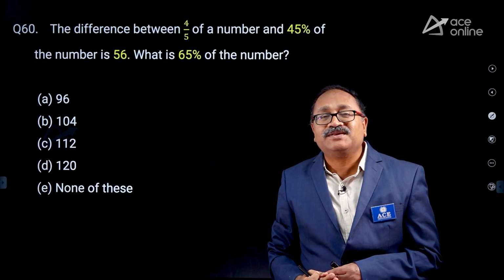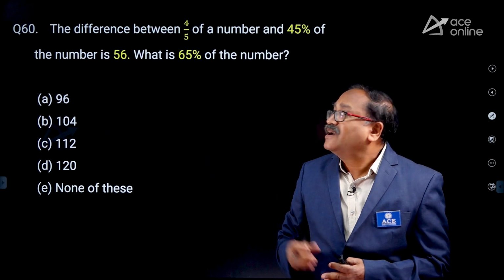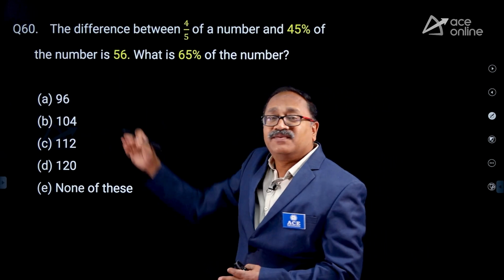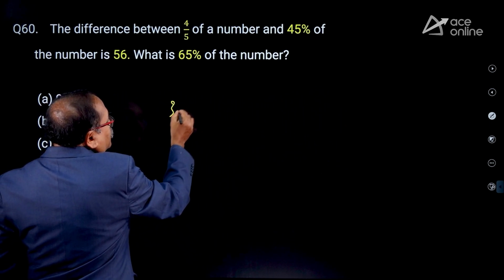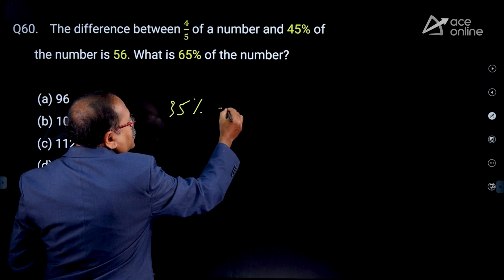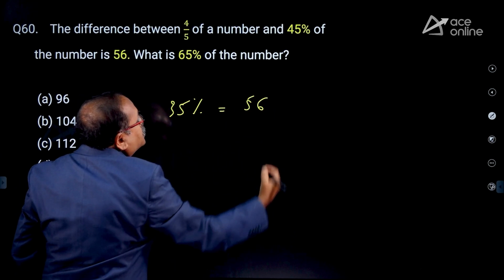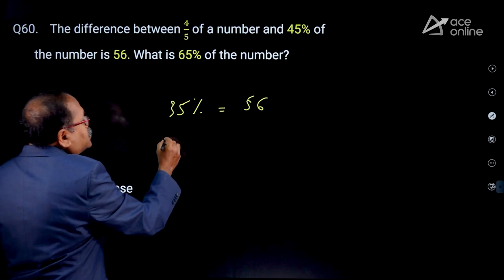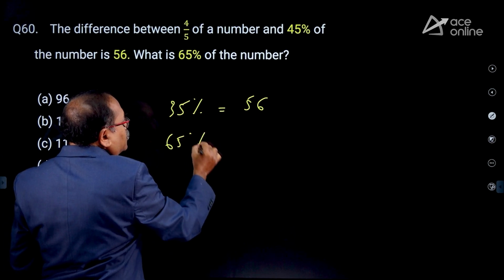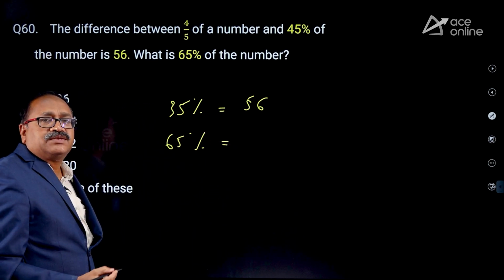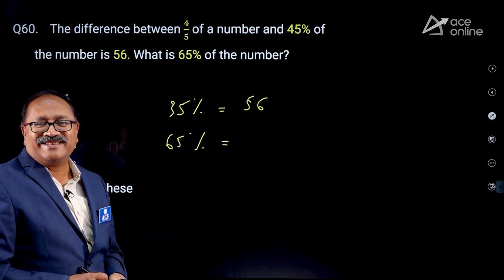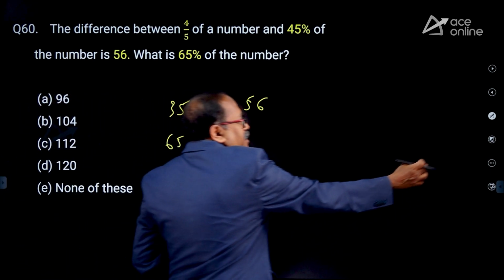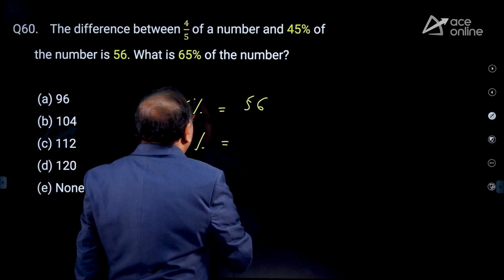What is the difference between these two? 35%. And that 35% is 56. So I will write down directly over here: 35% is equal to 56. Then what is 65% of the number? As simple as this. You know the 35 percent value, you need to find the 65 percent value. So let's cancel this part and fix the answer.